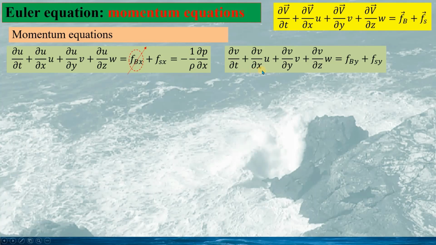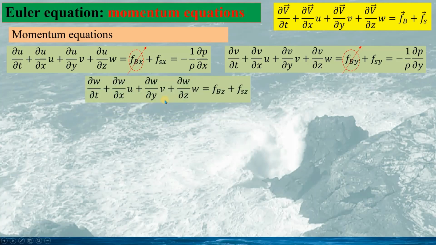And similarly, in the y direction, we have the momentum equation given as this, and the body force in the y direction is 0. Therefore, this momentum equation would be given as this. Here, the surface force due to the pressure in the y direction is calculated. Similarly, in the z direction, the momentum equation would be given as this.